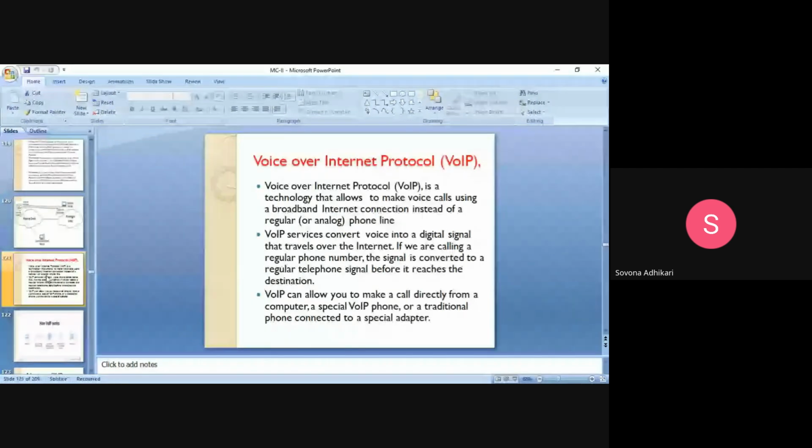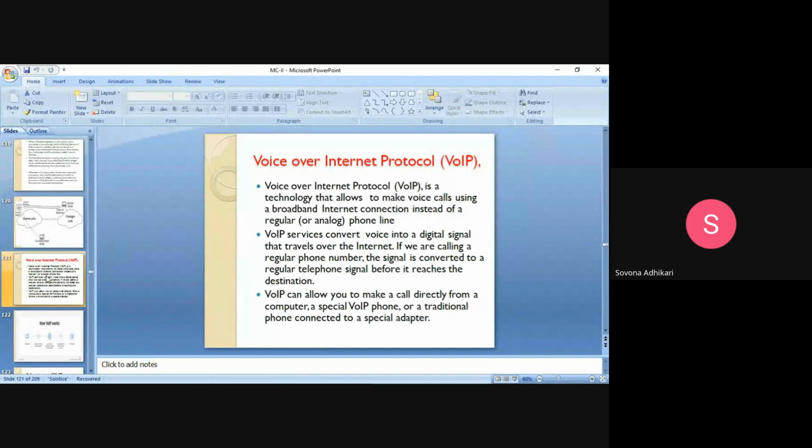A dedicated line is used; you can take the example of a landline. But VoIP uses your broadband internet connection instead of that line. You must connect to the internet if you want to talk to another person.